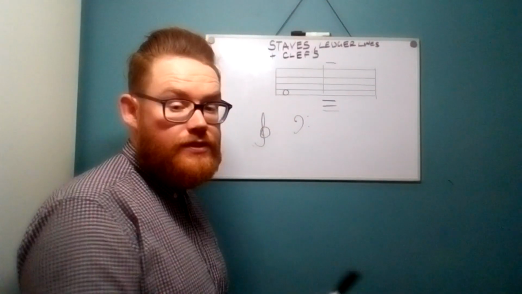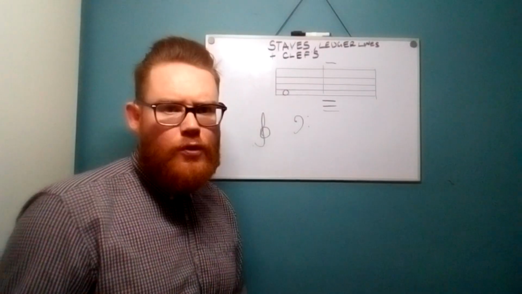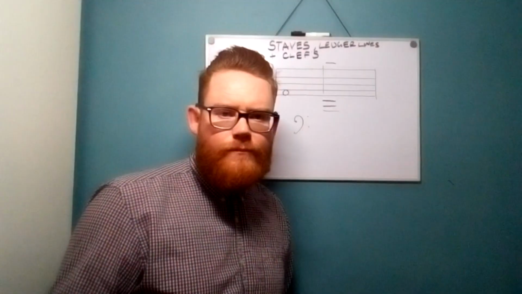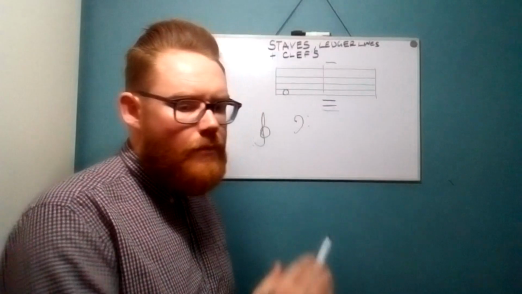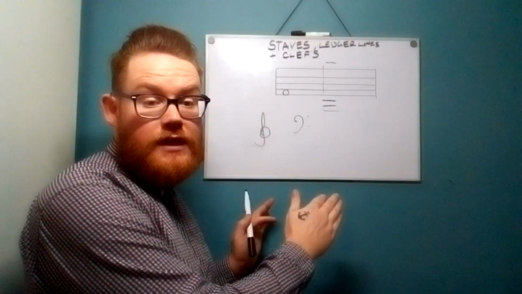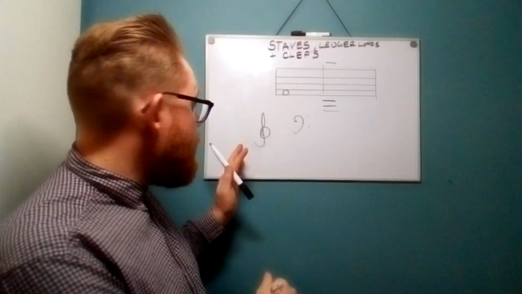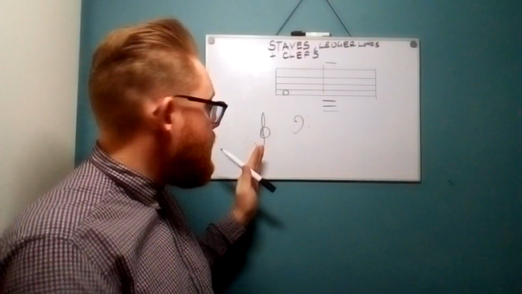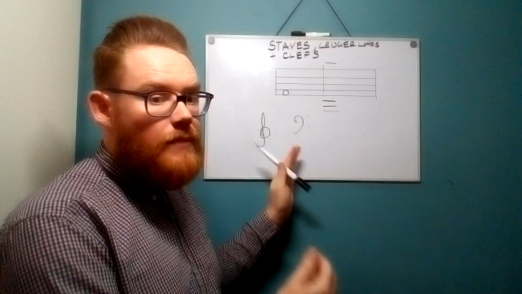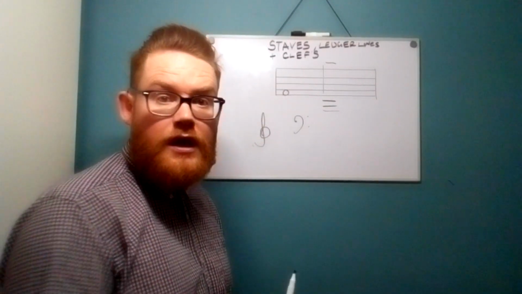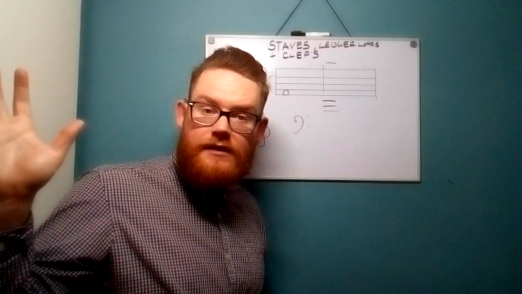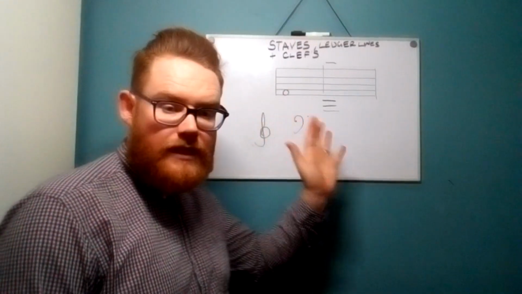There are other clefs, but they are a bit more uncommon, used in other instruments really. But in popular music, only the two shown here are used. So a guitar would use treble clef, and a bass guitar would use bass clef. Piano, treble clef would be right hand, and bass clef left hand.